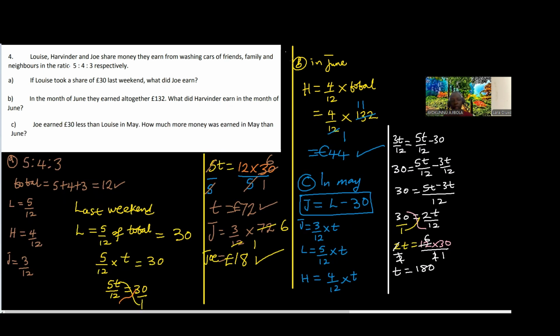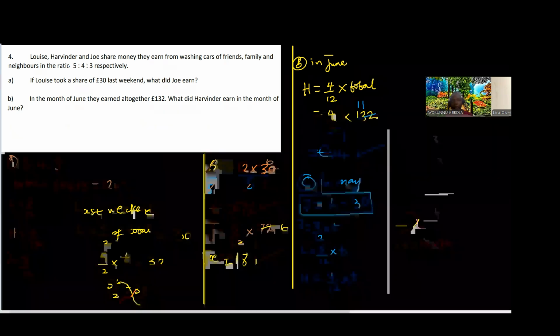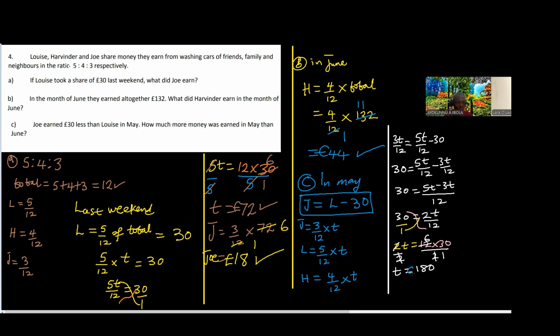So they earned 180 pounds in May. The question says how much more money did they earn in May than June. May is 180, and June is 132, so the difference is what we're looking for.